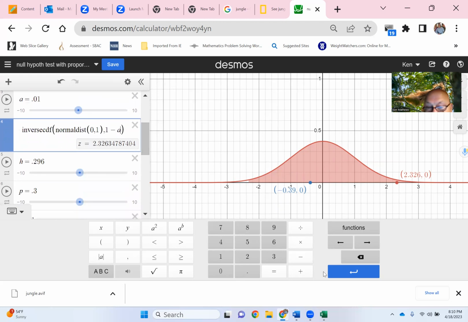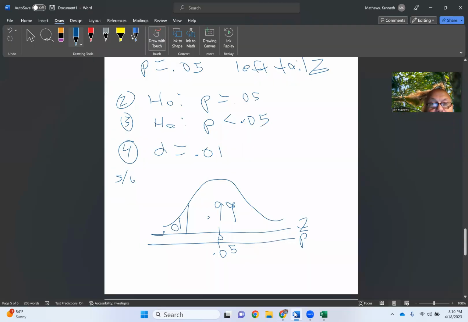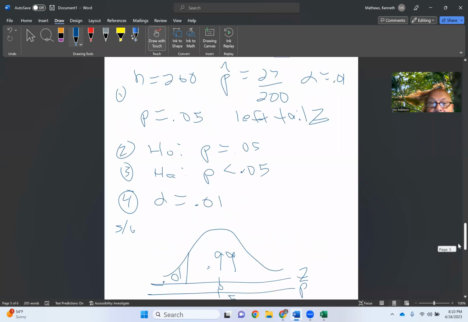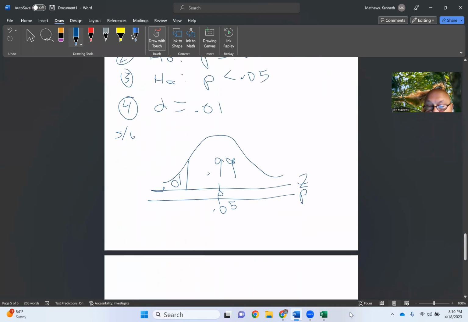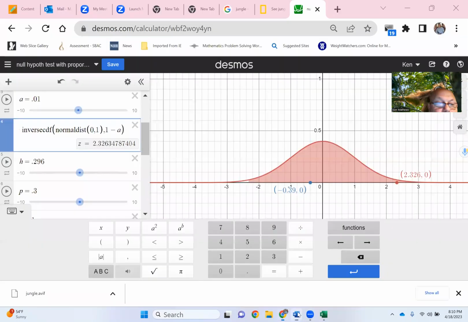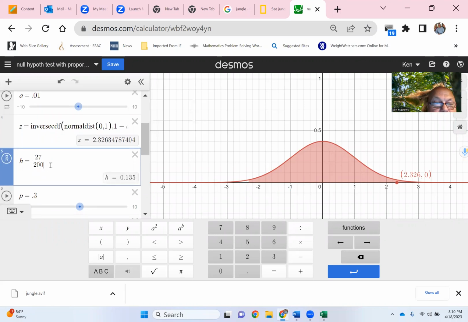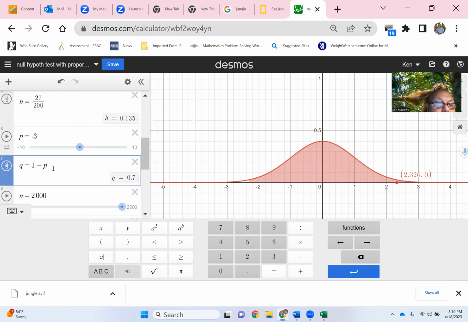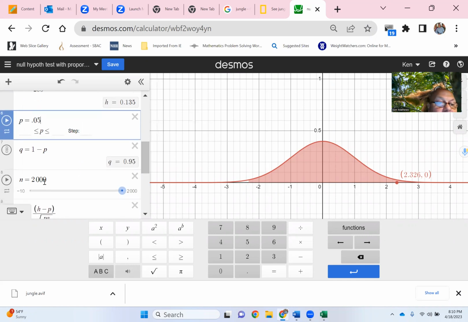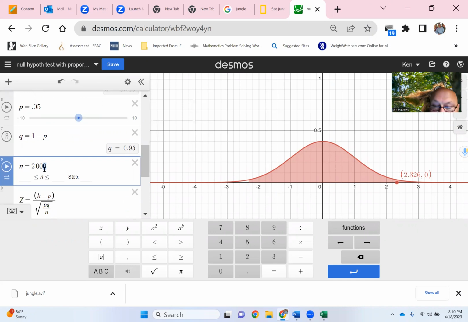Okay, here's p hat. p hat was equal to 27 over 200. And the claim was that it was 0.05. And the sample size was 200.